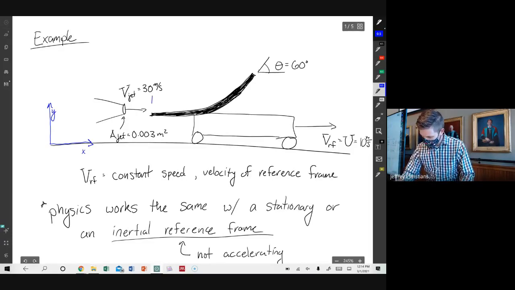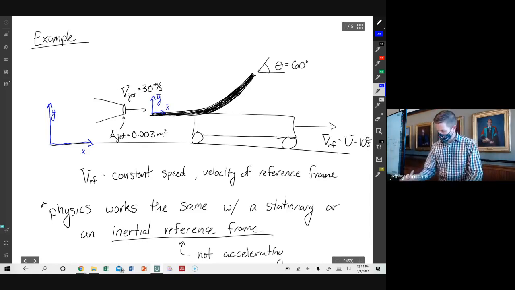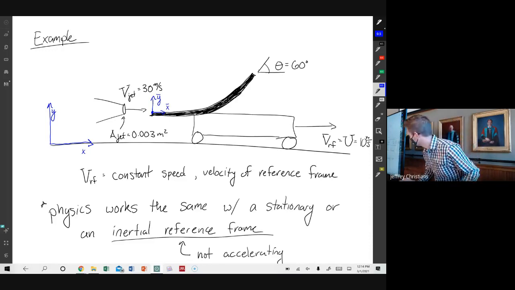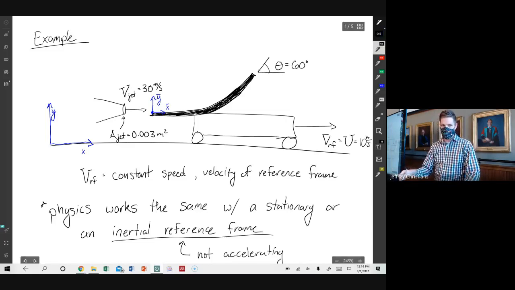So rather than this, we'll put our axes right on top of the cart. We'll call this Y bar and X bar. We'll pin our origin right at this front spot on our cart. I apologize for that being a little tricky to see, but we'll pin our reference frame, our axes, right at that start.